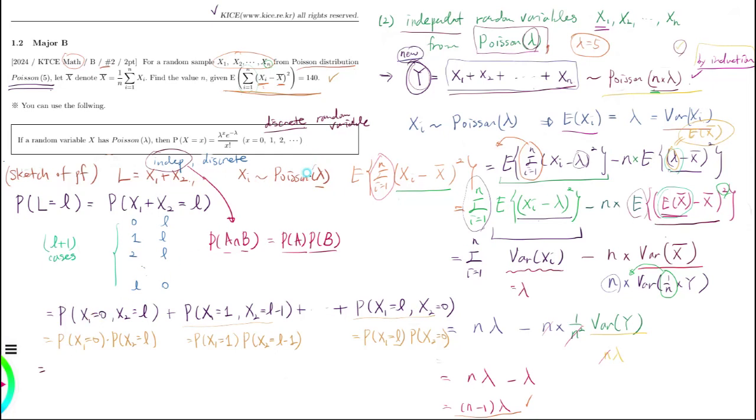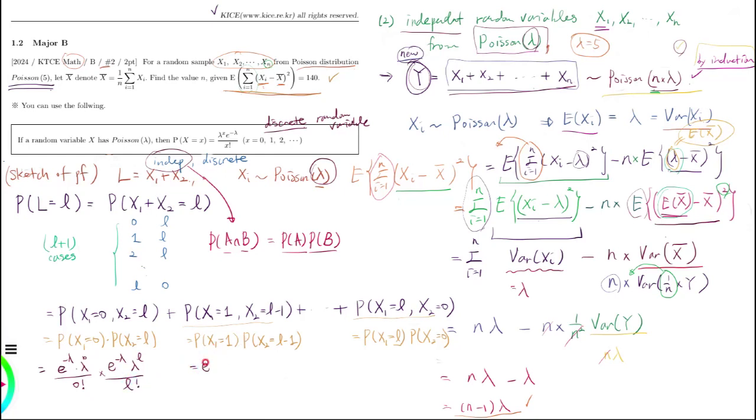Since they all have the same parameter lambda here, what I have is e to the negative lambda times lambda to the 0 over 0 factorial, times e to the negative lambda lambda to the l over l factorial.